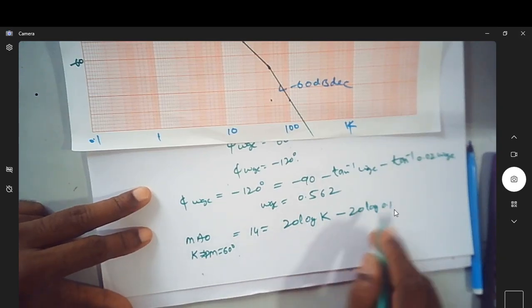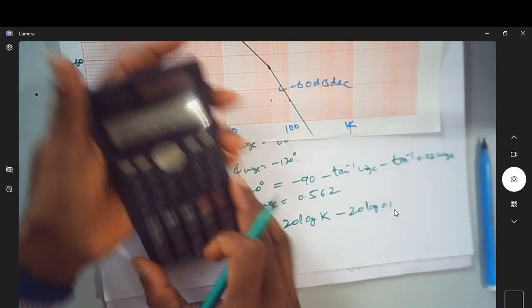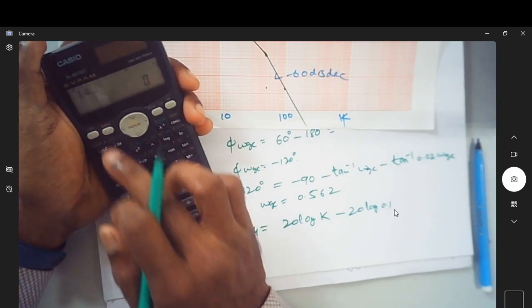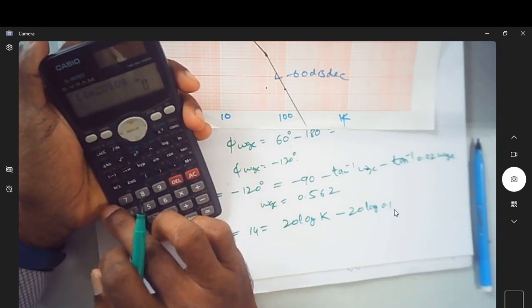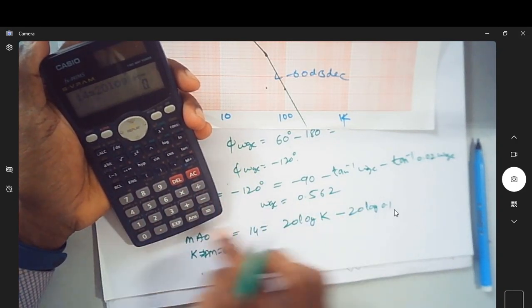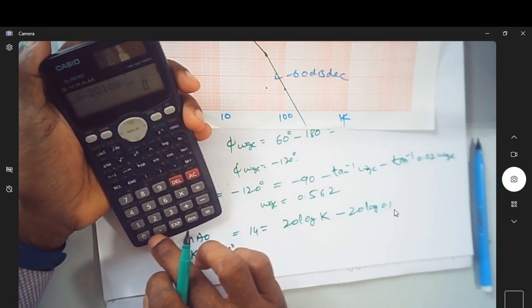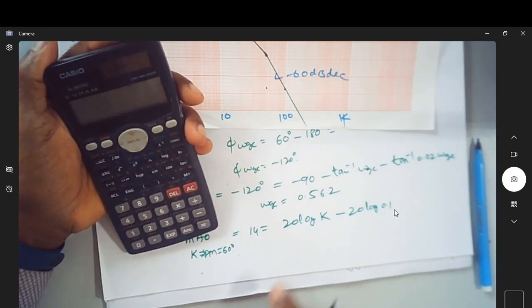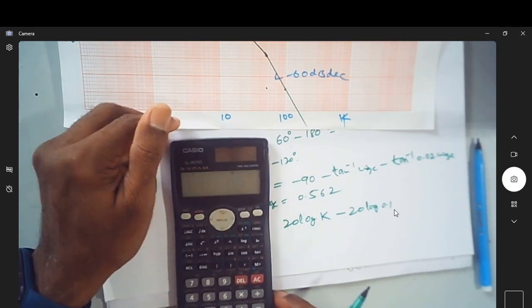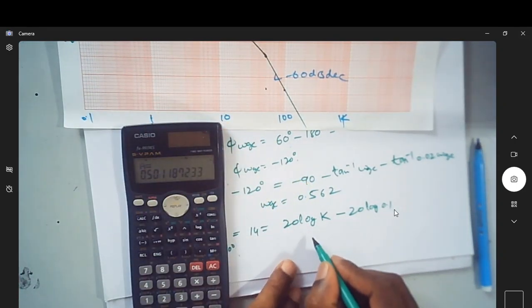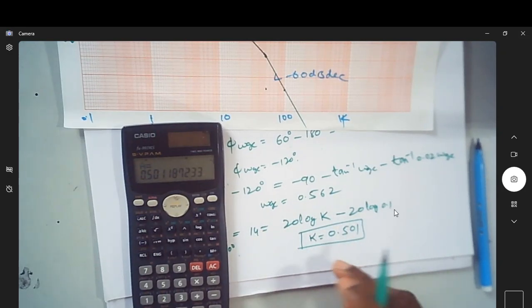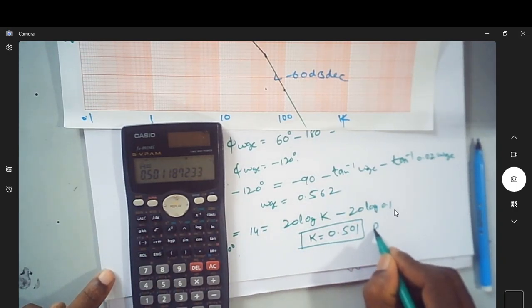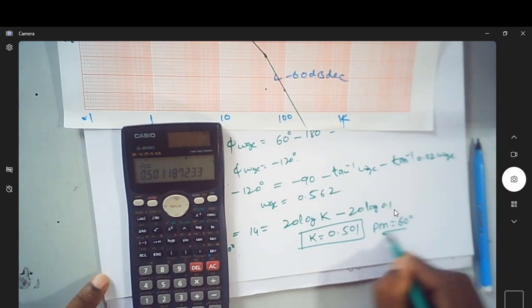Since we know this, we can find the value of K. So 14 equals 20 log K minus 20 log 0.1. Shift cal, you will get the value of K. So K is coming out to be 0.501. If the value of K is 0.501, then the phase margin is 60 degrees.